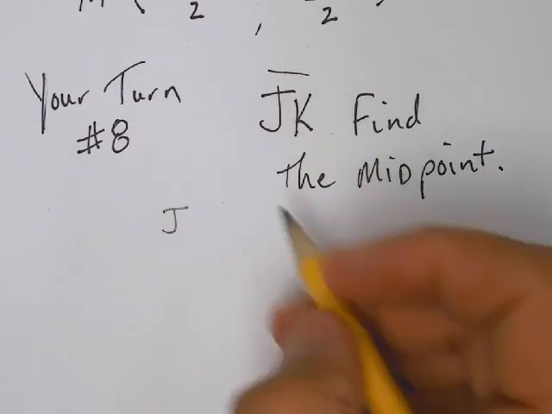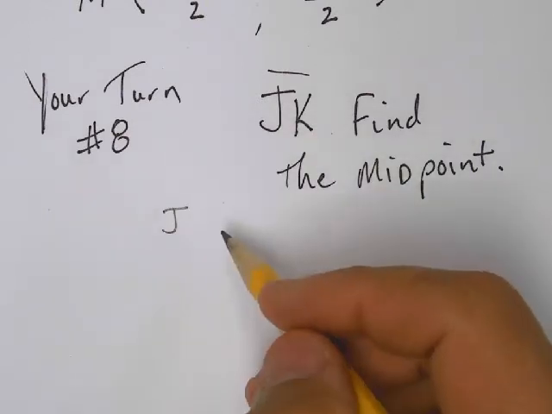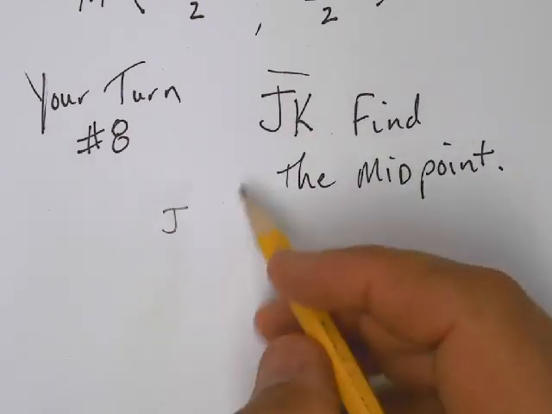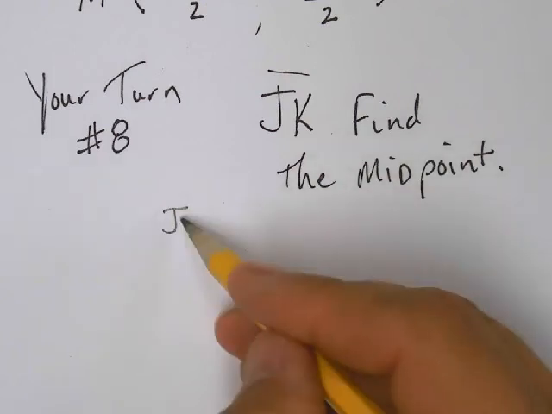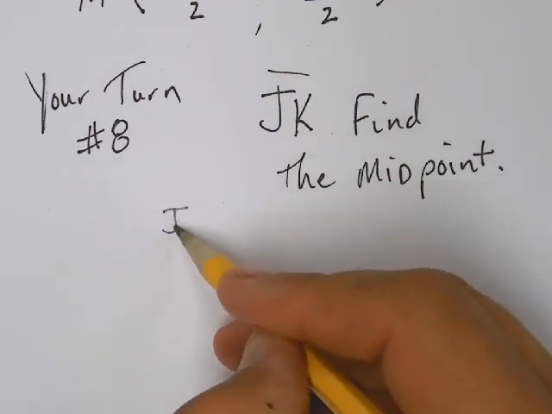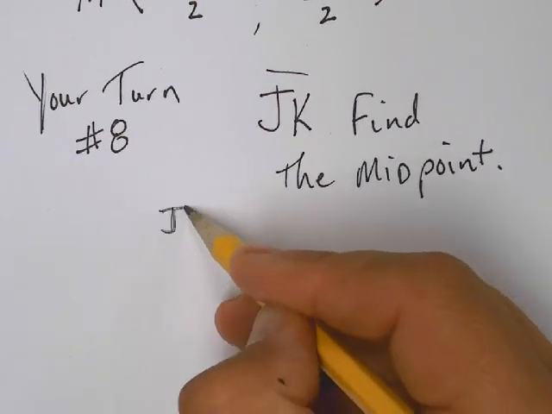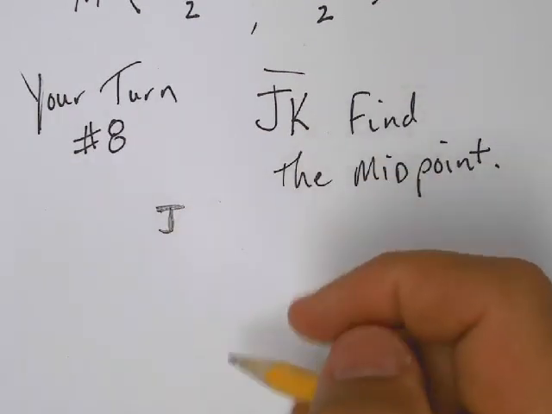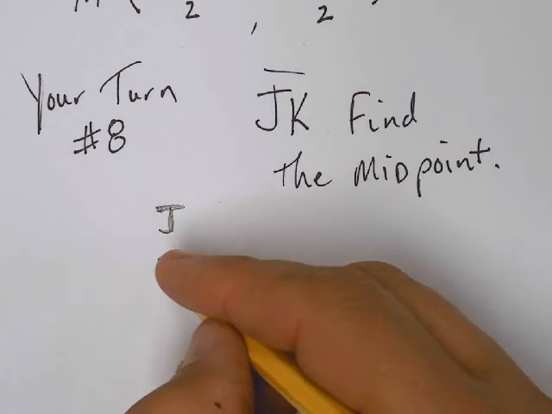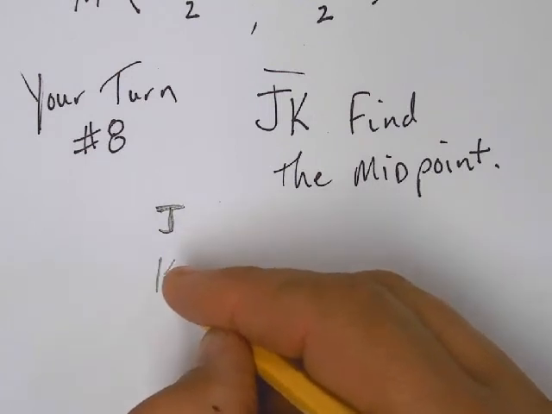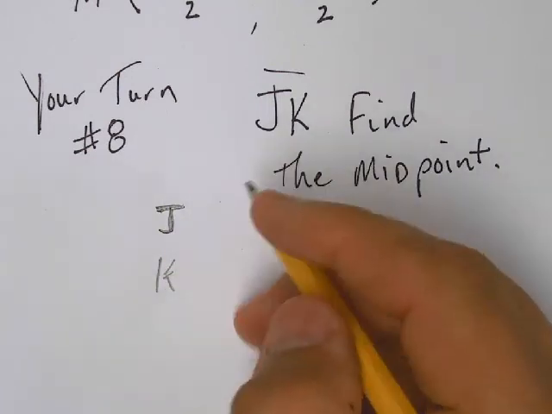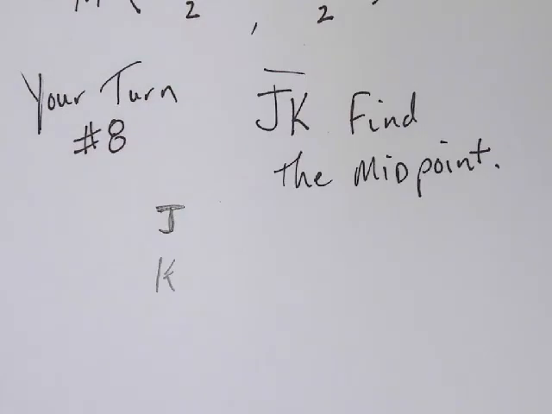Lily, what's the coordinate of J? I can't see it. I started counting by ones and not by twos. All right, let me know when you get it. Well, I think it's just once.